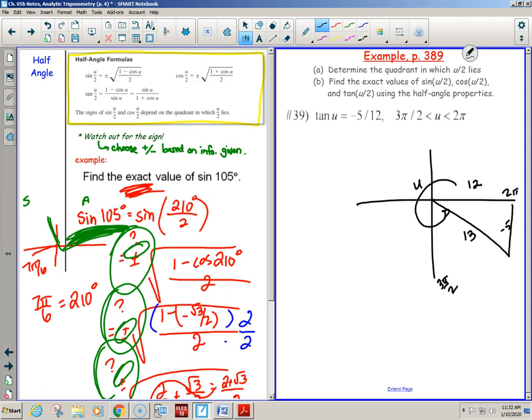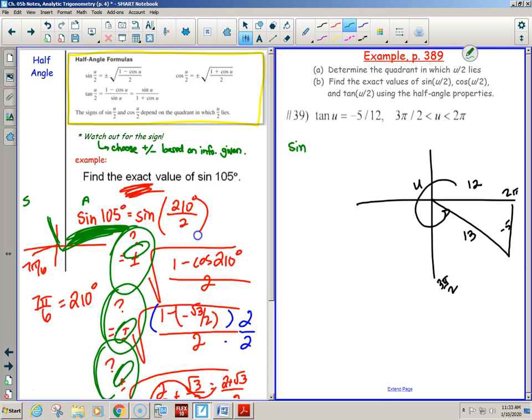The reason this is going to be tricky isn't so much plugging into the formulas, although you're going to have some complex fractions because you're putting fractions inside fractions. That's a little messy, but we've already practiced that a little bit today with this complex fraction. What's going to be harder is knowing where u over 2 is to be able to choose this sign.